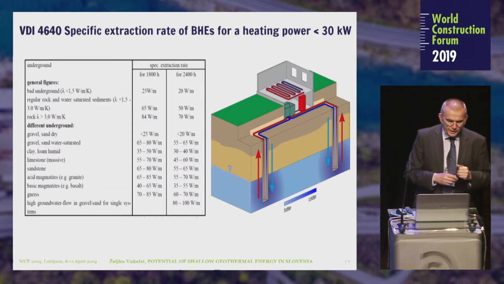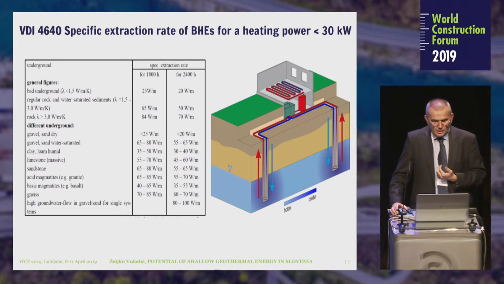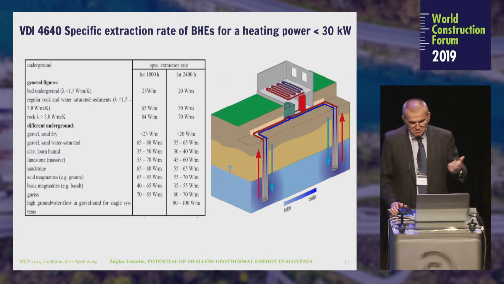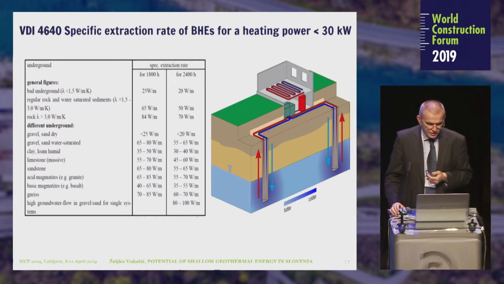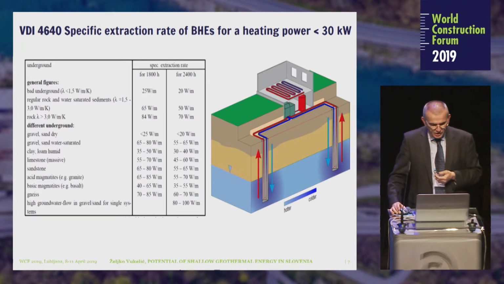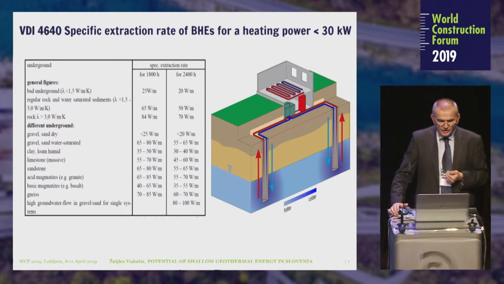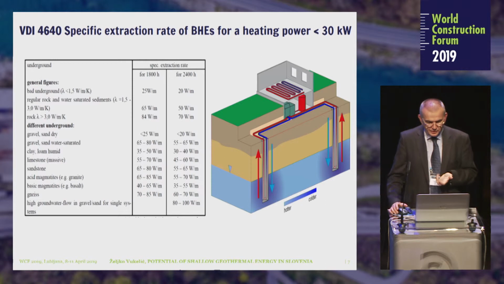When we are talking about the closed loop system, that means that we are using the heat of the soil. Then we are using the German norms, especially in Slovenia and generally in Europe, where we have what kind of soil we have and how much energy, how many watts we can get per meter.